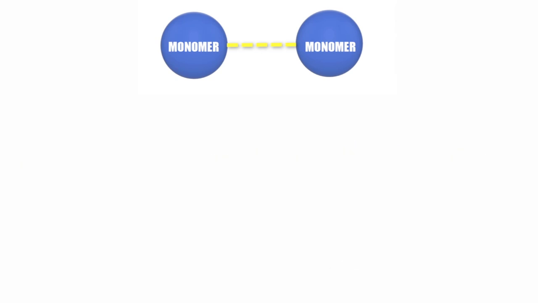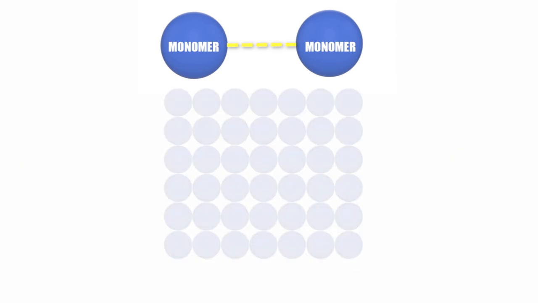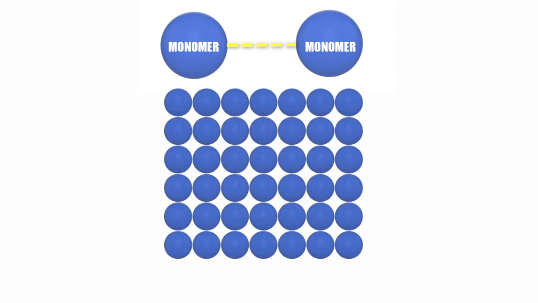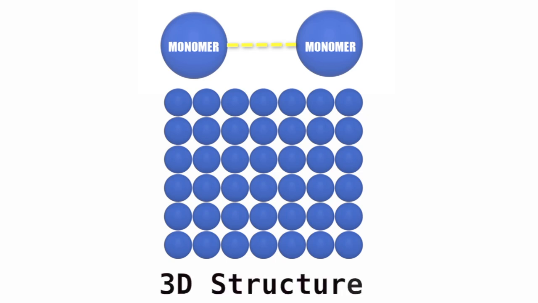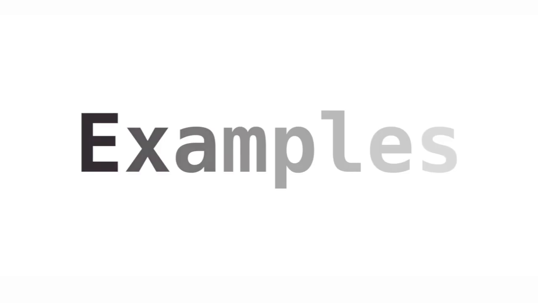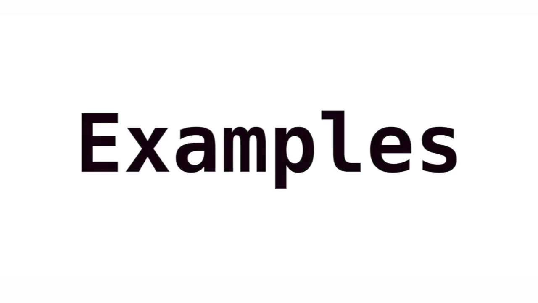Now, if they are going to form more than two bonds, then they start to form a 3D structure. Of course, I have to give you examples of monomers and polymers that you find out there so you can get a better idea of what these are.